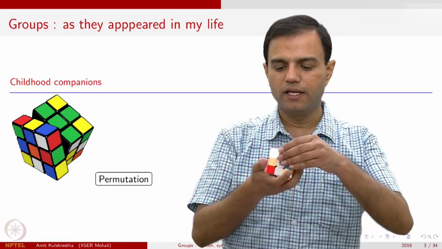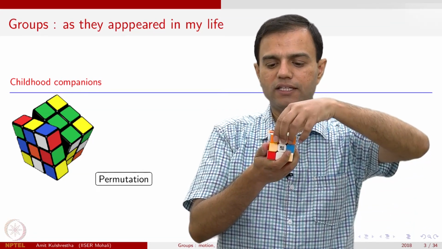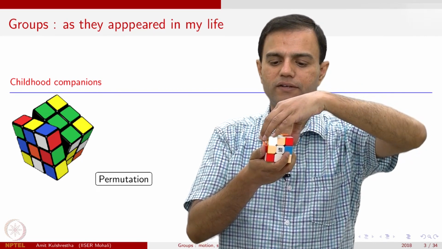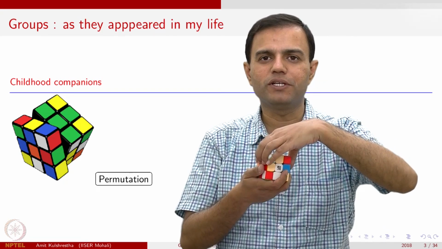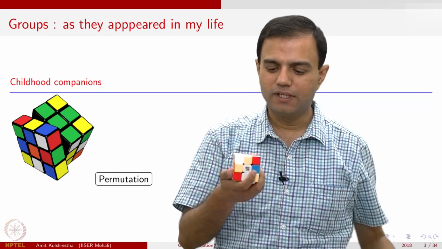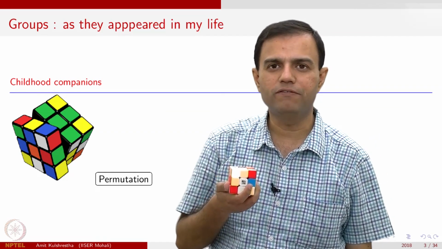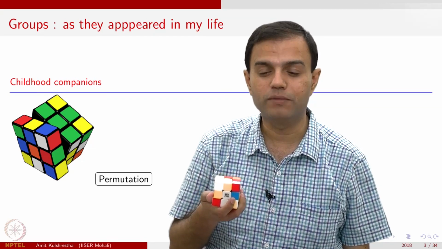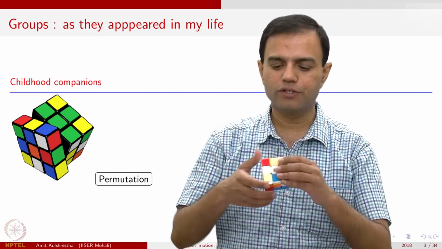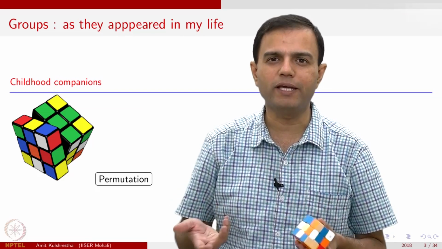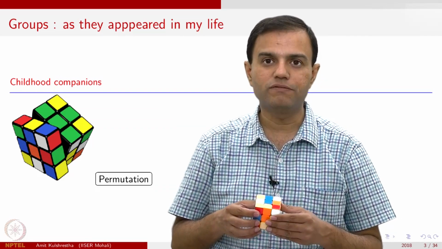I can do a permutation and I can reverse it back, right? So for a permutation, there is a reverse permutation. These are some of the properties which groups have. I am not defining groups now. Those who know groups will understand that composition of two things is again of the same type. That is one of the properties of groups.